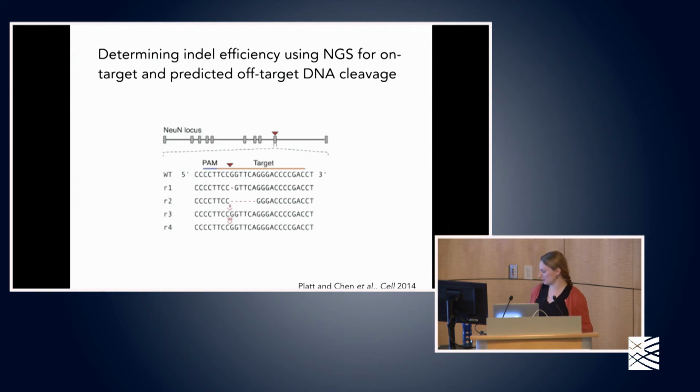Pool these together, and here is an example of some of the indels that you may see if you do targeted genome editing. With a cut site, as indicated by this red arrow, you can have small deletions, or you can have some small insertions. Also, you note that this varies cell to cell, so you can get multiple different indels. It's unlikely that you're going to have the exact same type of deletion in every cell.